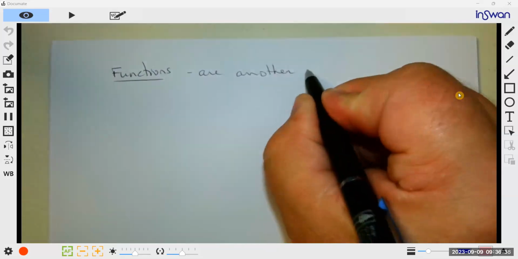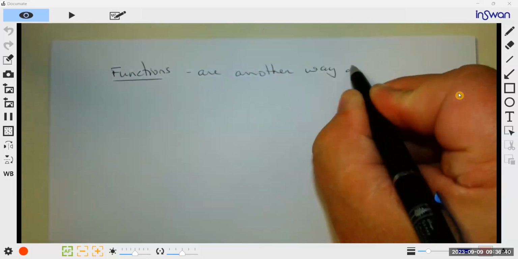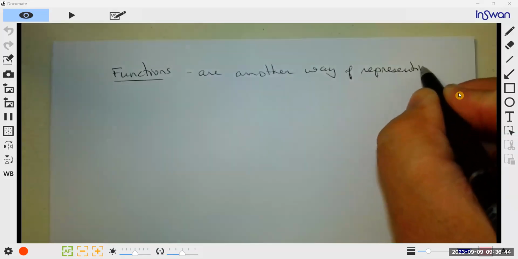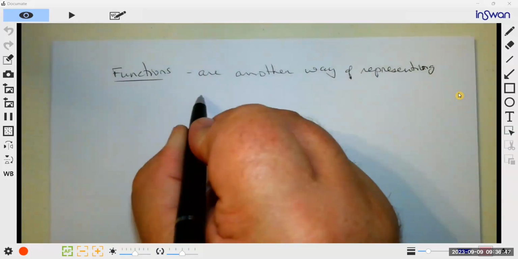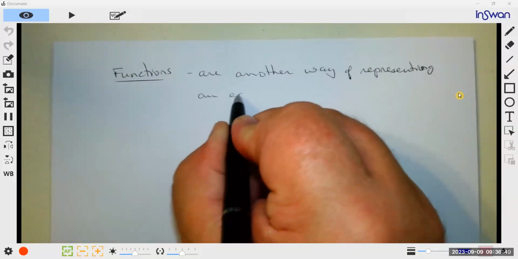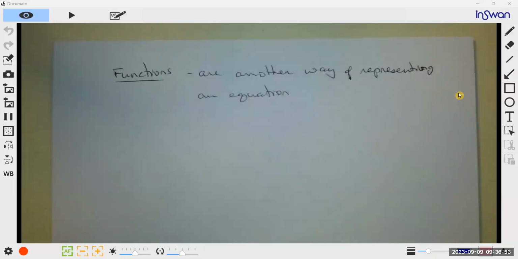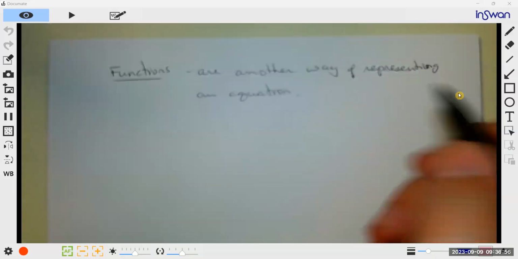Another way of representing an equation. The equation is going to be the same.